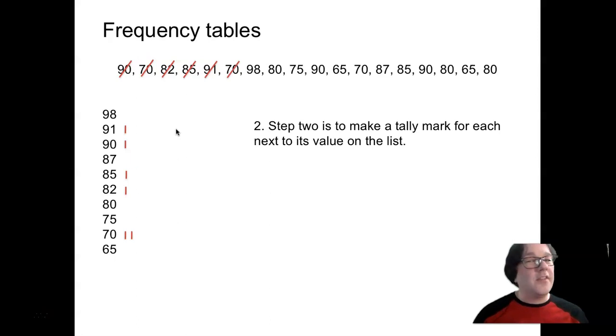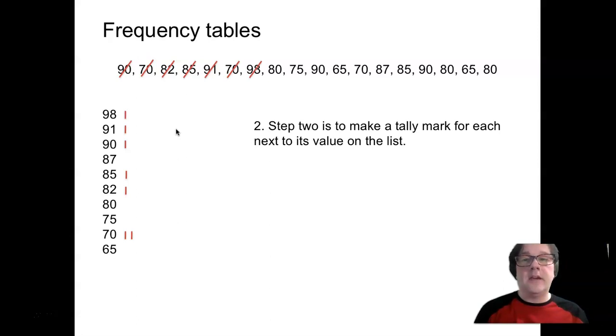There you go, we got another 70, so we're going to put another little tally mark. And we don't typically have to do this every time we make a frequency table, but it's usually helpful, when you first start making these tables, to have this type of tally column here. Okay, so we'll just go through it.